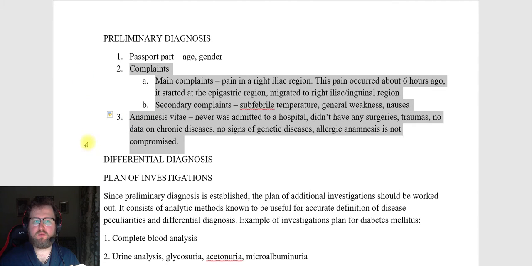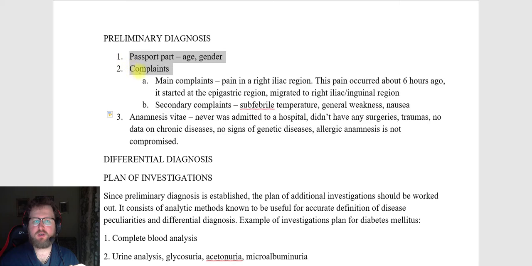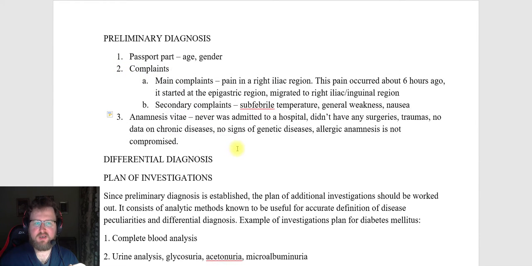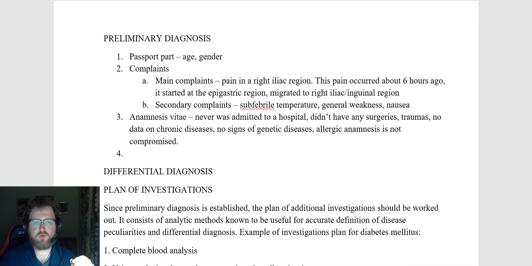You'll have to provide more information on the patient's complaints and anamnesis. Well, after we've gathered his complaints, his anamnesis of present disease, his anamnesis of life, and his allergic anamnesis, we proceed to physical examination.